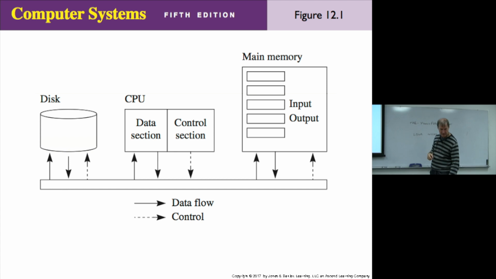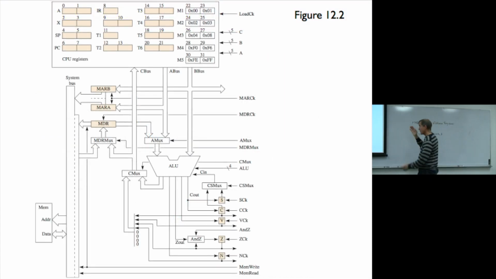That was a nice observation. But everything over here on the right is the control section. Why is it called the control section? Because it controls how the data flows in the data section. Are we good?